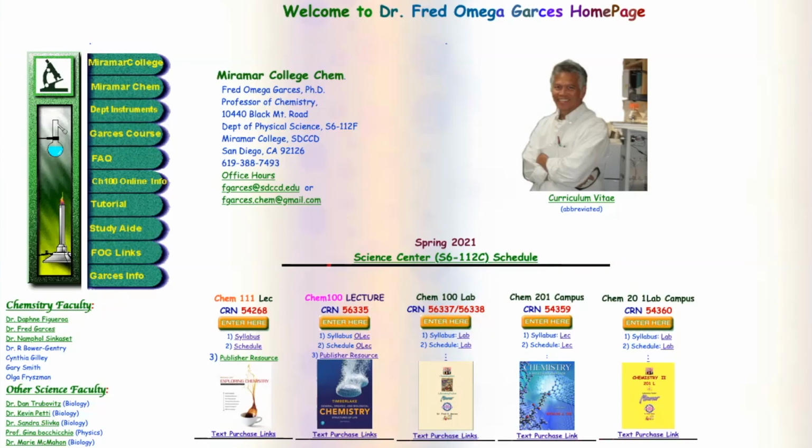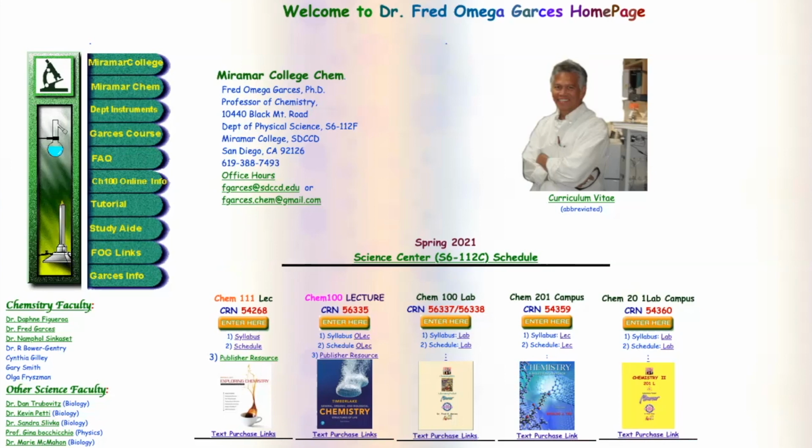This is the reverse reaction of the combustion of glucose. The combustion of glucose is C6H12O6 plus oxygen going to carbon dioxide and water. So this is the photosynthesis reaction.